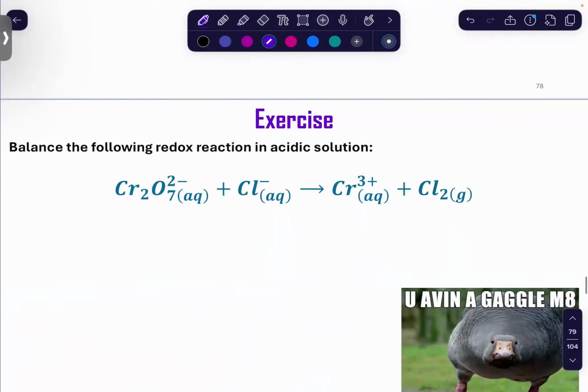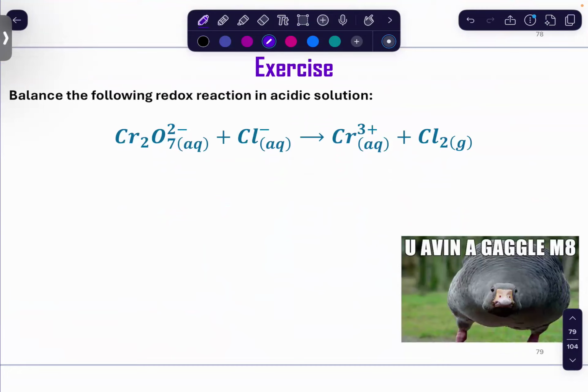All right, so here we have a dichromate reaction. Dichromate with chloride is going to give chromium-3 and chlorine gas. Well, the first thing is, of course, the oxidation numbers. So if every oxygen, again, is a -2, 7 of them will be a total of -14 for its charge.